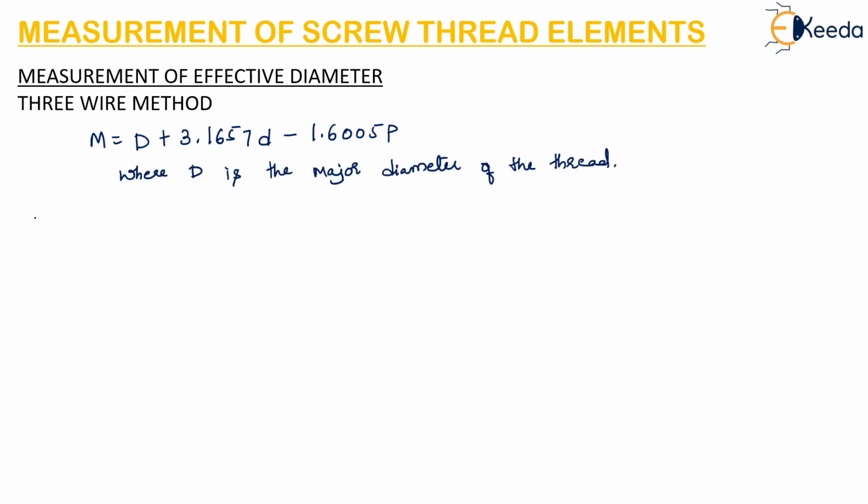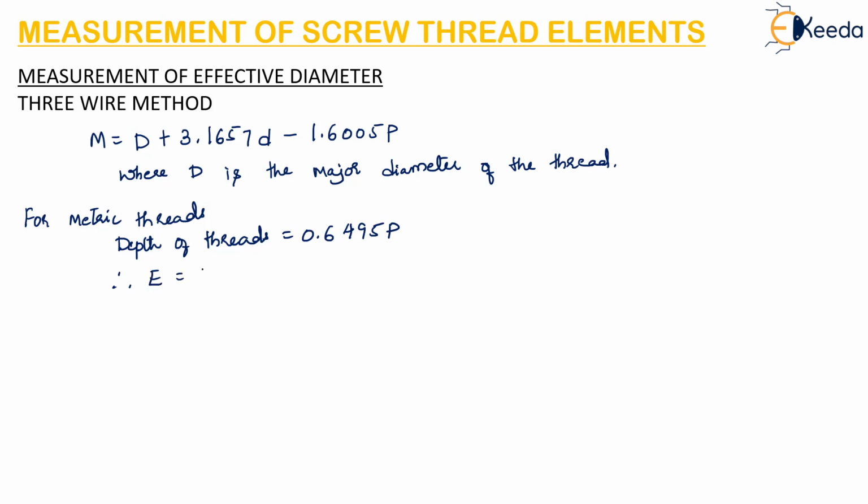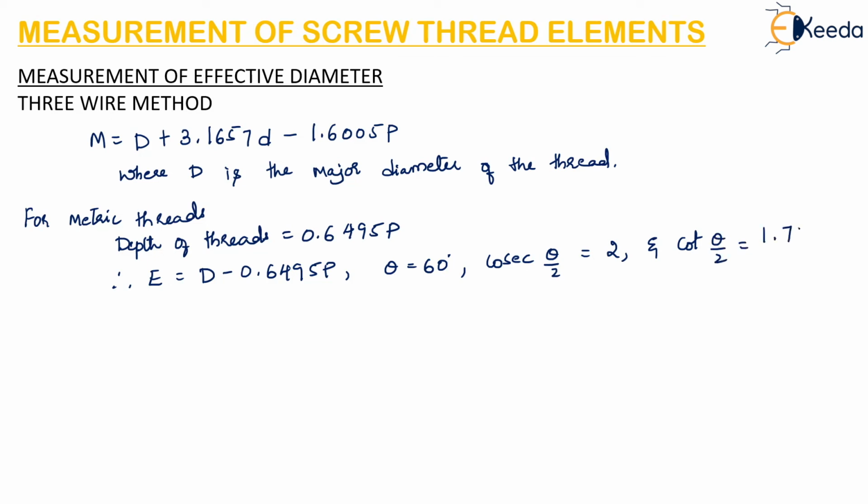And for metric threads, the depth of the thread is given as 0.6495 p. Therefore, E can be written as d minus 0.6495 p, and theta is 60 degrees. Cosec theta by 2 is 2, and cot theta by 2 will be 1.732.